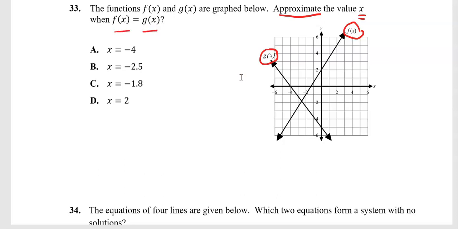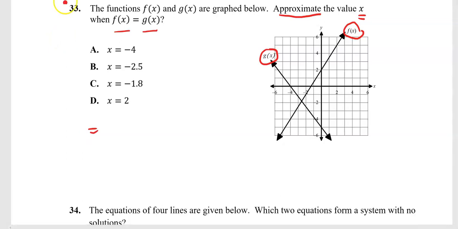So I want you to think, if I knew the equations for these lines, then I would be setting these equations equal to each other. So let's just pretend, nope, let's not use the y because we're using functions.